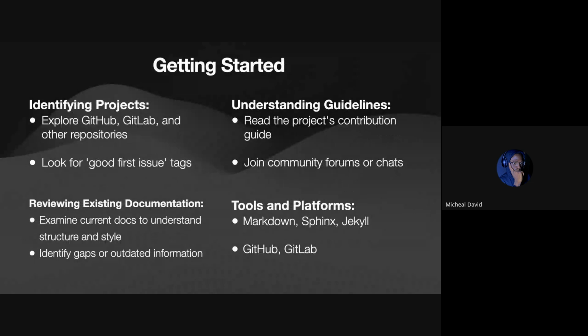Now, how do we start contributing to documentation of open source projects? The first thing we need to do is identify the projects that we want to contribute to. One of the places where you can find these projects are GitHub, GitLab, and other repositories.